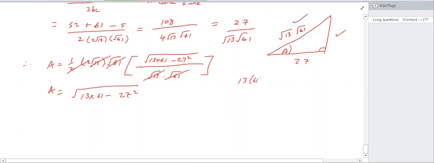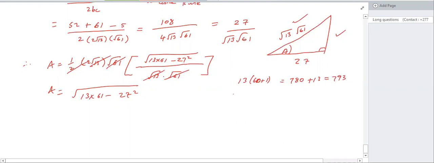13 into 60 plus 1. 13 times 6 is 13 times 5 is 65, 78, 780 plus 13, we should get 793.